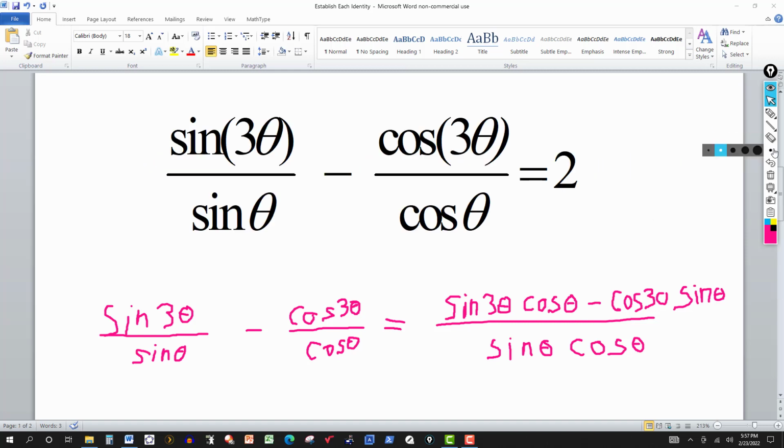So what that simply means then is the numerator of this one can be written as the sine of 3 theta minus theta.